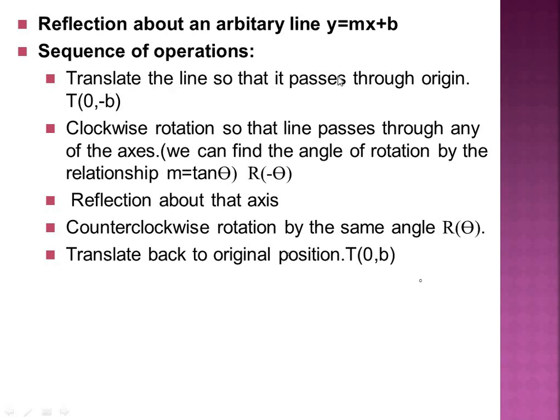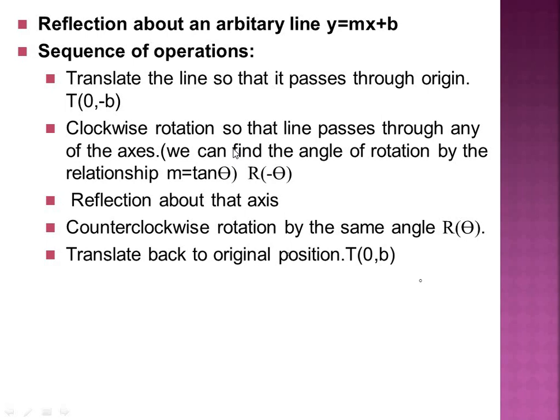First of all, you have to translate the line so that it passes through the origin. For that you have to translate the line by the factor 0, minus b. Then you have to perform the clockwise rotation so that the line passes through one of the coordinate axes.